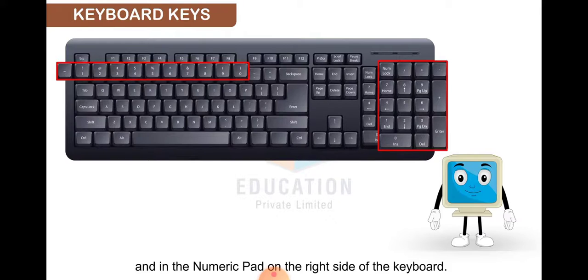So these are also known as cursor keys or arrow keys. We already said about it: what is cursor? Cursor is the blinking line that you can see on your monitor. It tells us the position of the typed text.